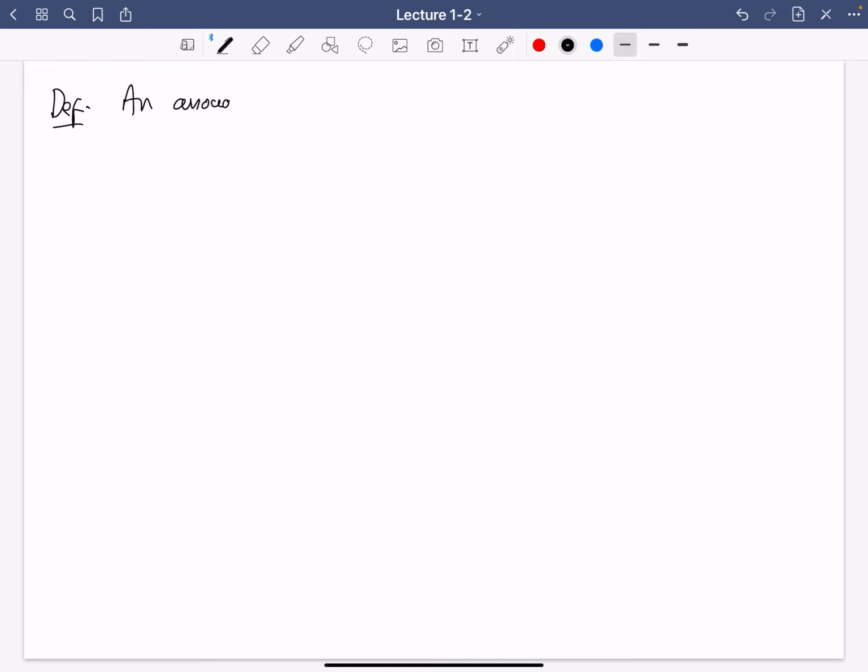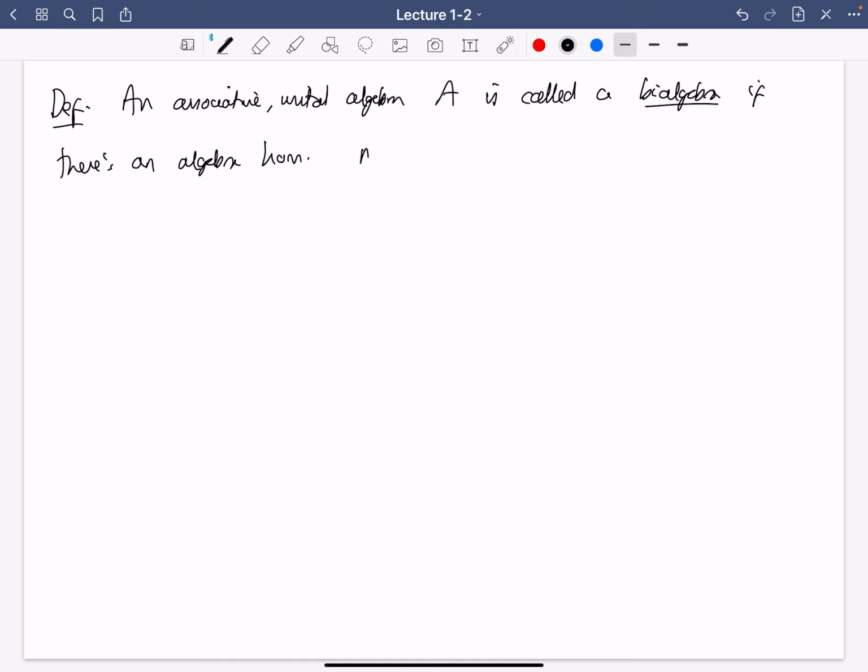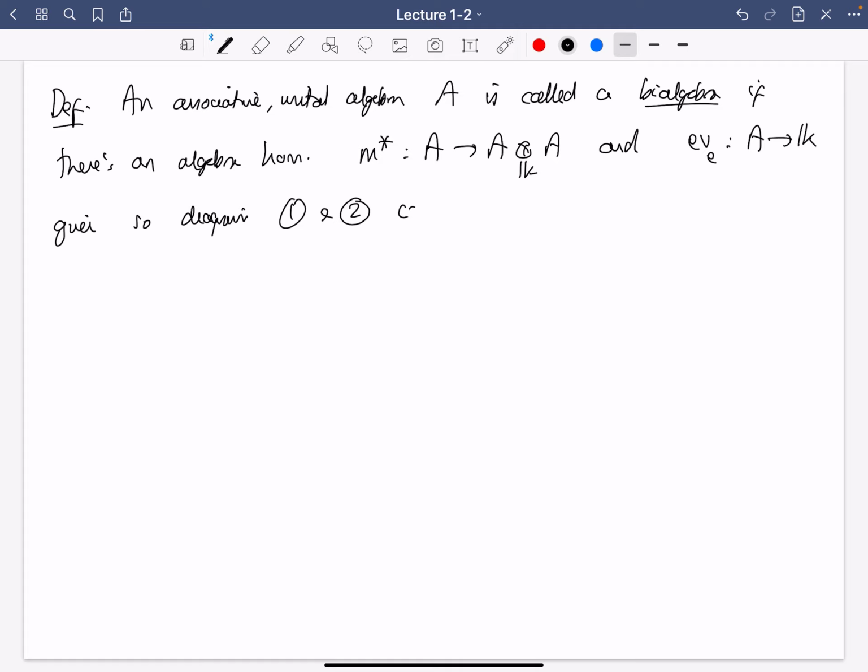An associative unital algebra A is called a bi-algebra if there's an algebra homomorphism called M star, the co-multiplication, and then an algebra homomorphism, I'm just going to use the notation we were just using, so that the diagrams 1, the co-associativity, and 2, the co-unital property, commute.